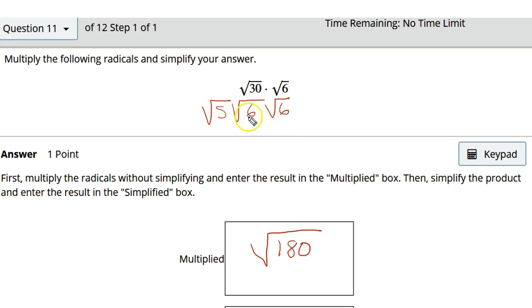And do you see here we have the square root of 36 and the square root of 5, using a technique we had in simplifying radicals. So this is 6, the square root of 5. So if you did the 180 in this fashion, you would get the square root of 36 times the square root of 5. And that's the second part of this. That's below, but we already have the answer here.